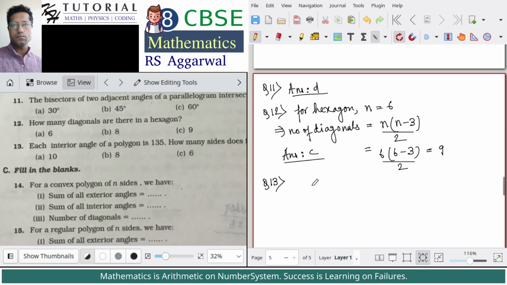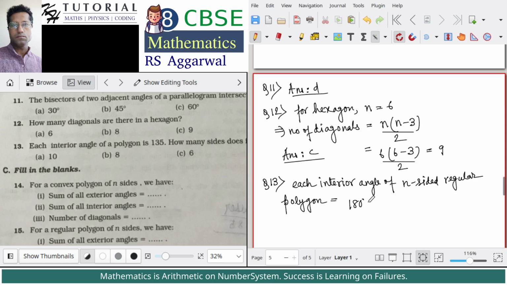Each interior angle of an n-sided regular polygon, we know the formula is 180 degrees multiplied by n minus 2 divided by n.